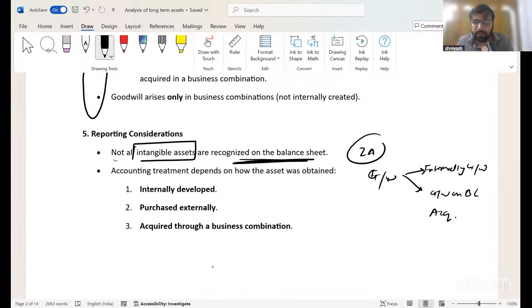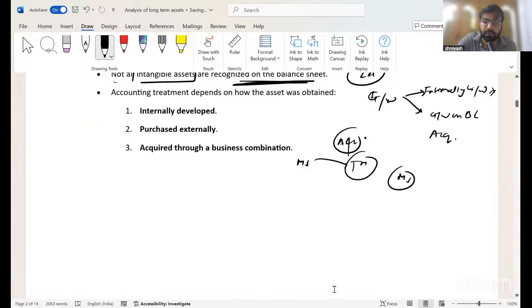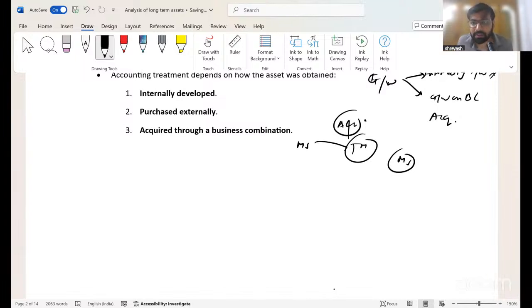Okay, sir, fair enough. So internally generated goodwill is not recognized. But what about goodwill on acquisition or business combination? Let's say, for example, Maruti Suzuki acquires Tata Motors, and as a result buys the assets and liabilities of Tata Motors. Let's say the fair value of assets minus liabilities of Tata Motors is 100 crores, but Maruti Suzuki has paid 120 crores.